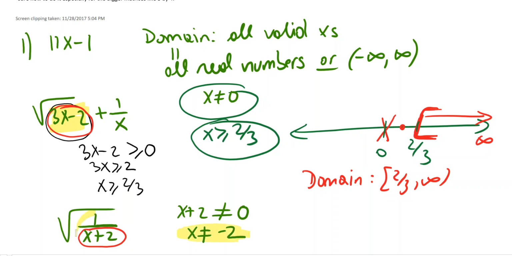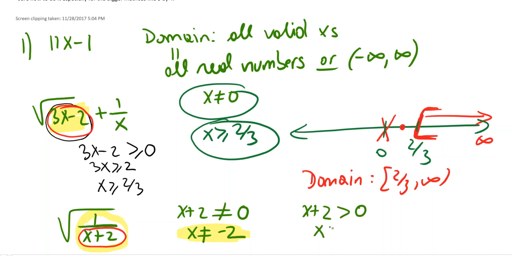But then at the same time, this whole thing is underneath the square root. So the whole fraction cannot be negative, because I can't have square root of a negative number as a function. So then I know that 1 is positive, so that means that x plus 2 has to be positive as well.